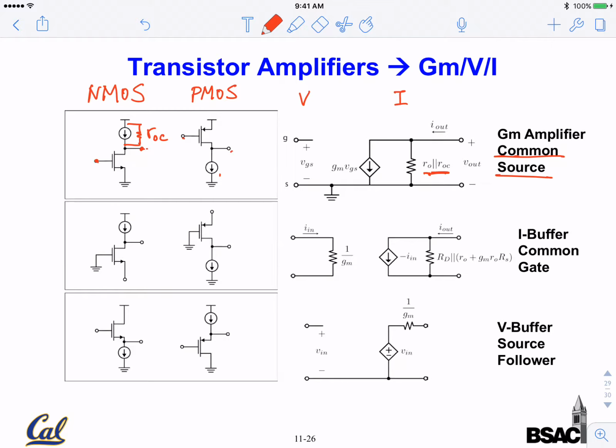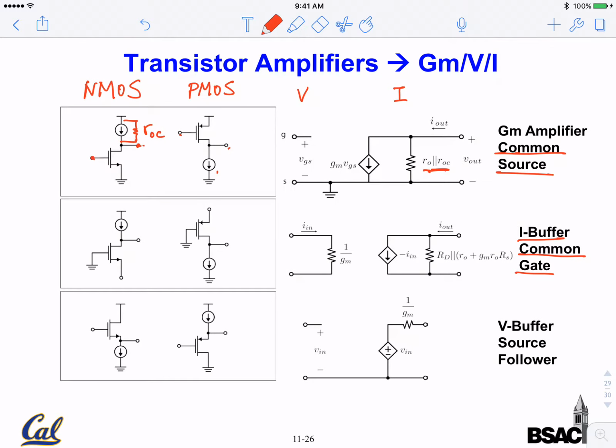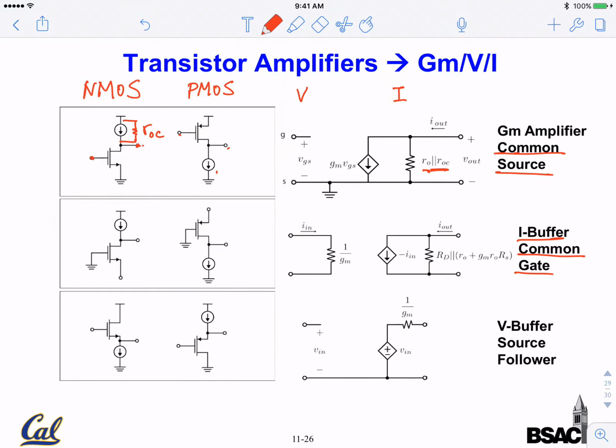We also talk about the common gate. It's a current buffer. I here stands for current. So here we are thinking of putting I in here, and we're getting I out here.